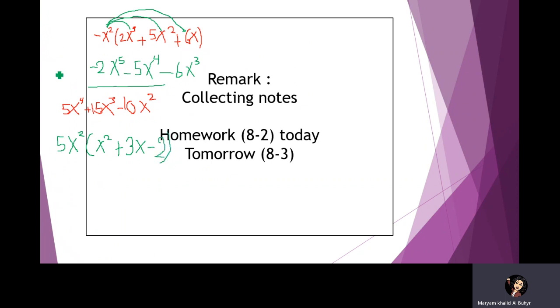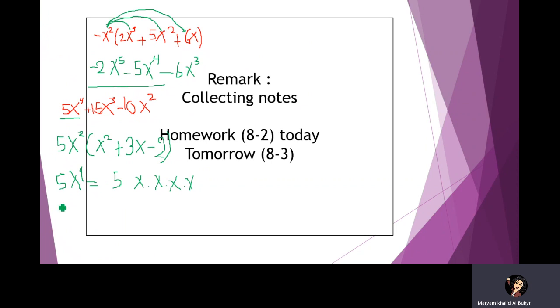Why am I saying all that? Let me remind you, if I factor this term alone, 5x to the power 4, which equals 5, already a prime number, times x times x times x.